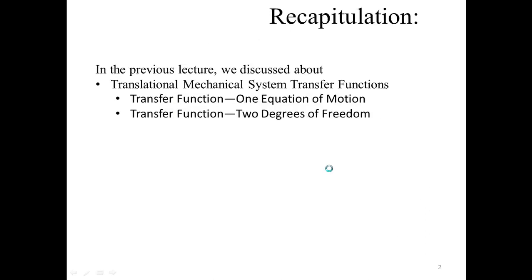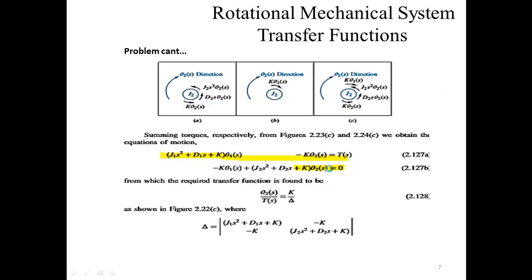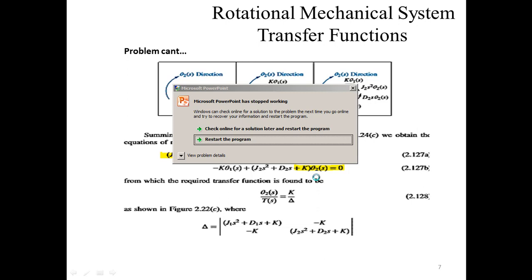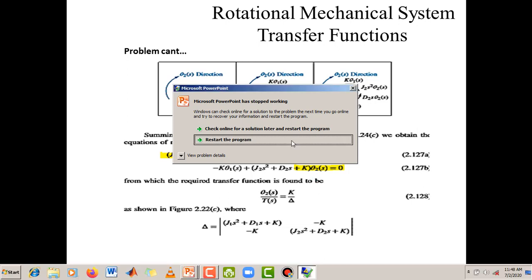The transfer function comes out to be k by delta, and this delta is the determinant of the matrix that we generated from these two equations. We clearly displayed this in the first part of the previous lecture.